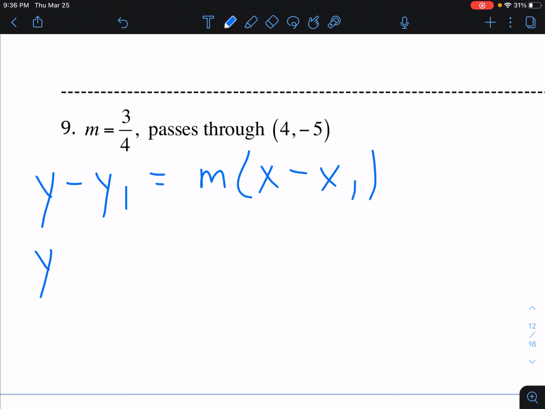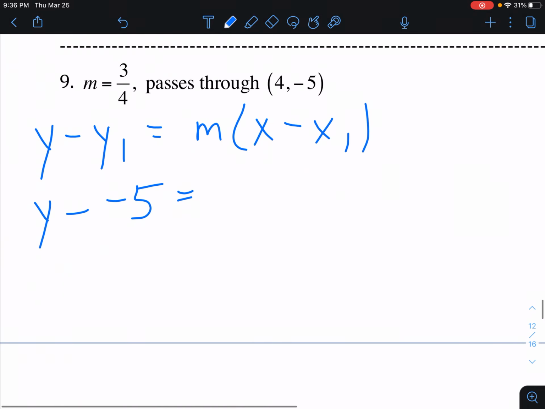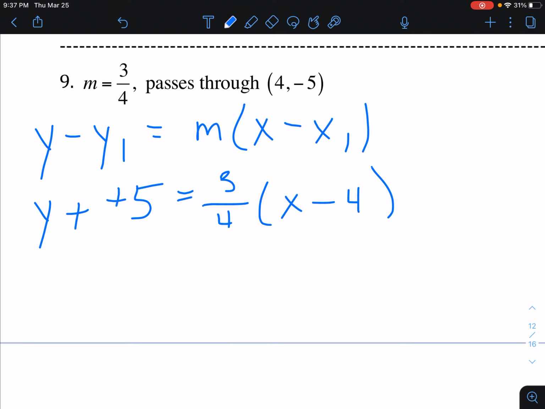So y minus the y1, which is -5, equals m, parentheses x minus the x1, which is the 4. Remember, the point that's showing there is x1, y1. Let's change these double negatives to a plus. So y plus 5.